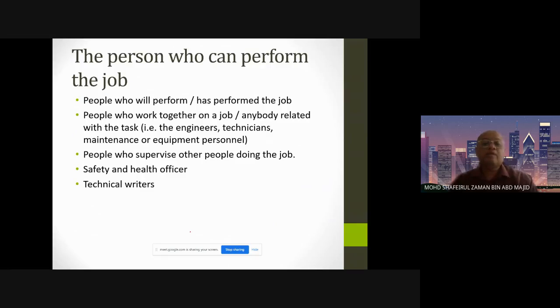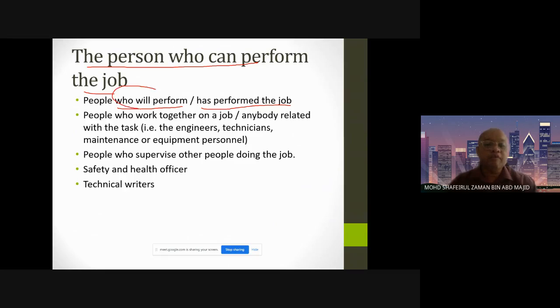Next, we are going to have a look at the person who can perform the job. Remember the reason why we have an SOP or standard operating procedure is to make sure that this particular person or personnel can do the task. For this component, you need to state who will perform the job or who has performed the job.